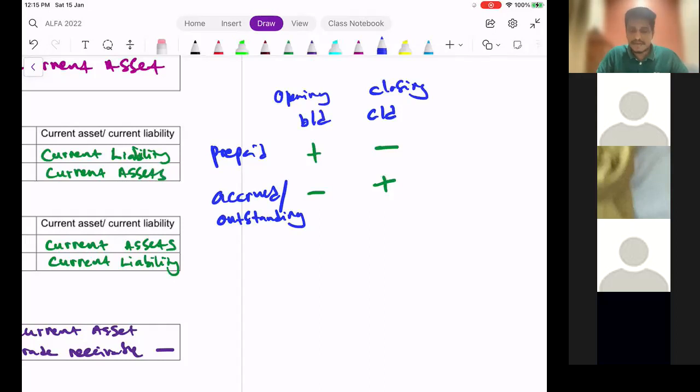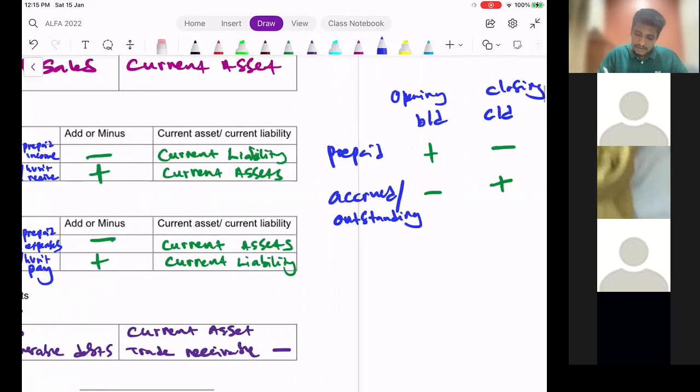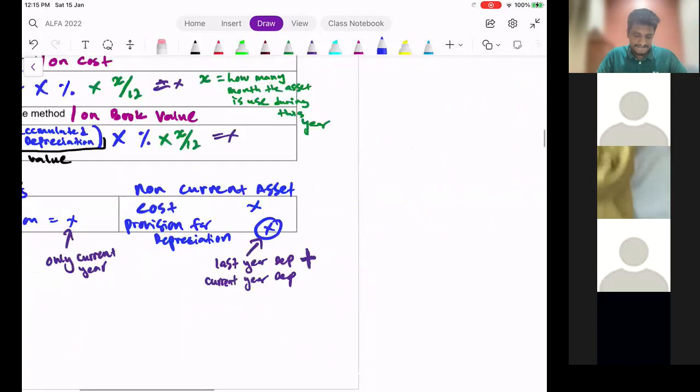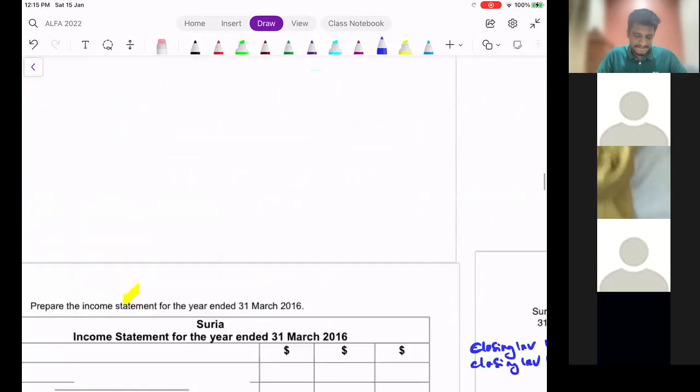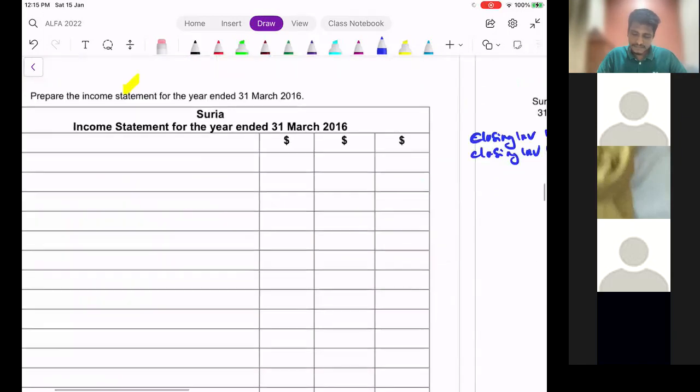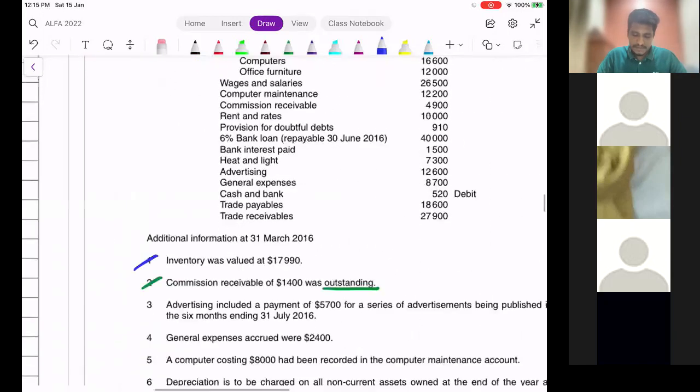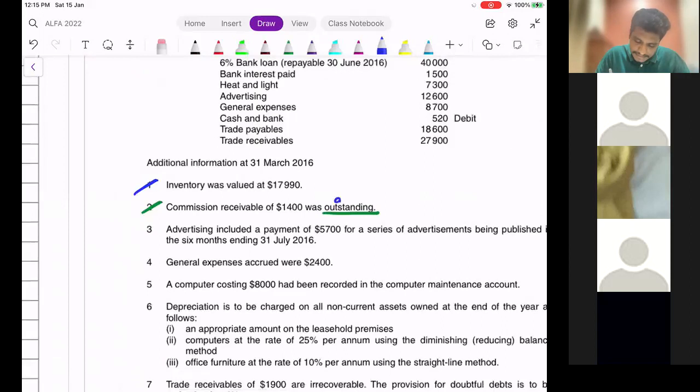If you see the word outstanding, it is accrued. Another name is due. Due also is accrued. So outstanding means accrued, and it is 31st March. 31st March means closing.